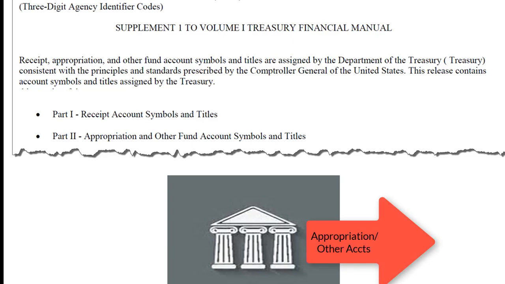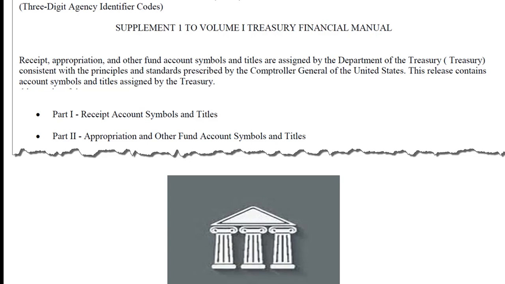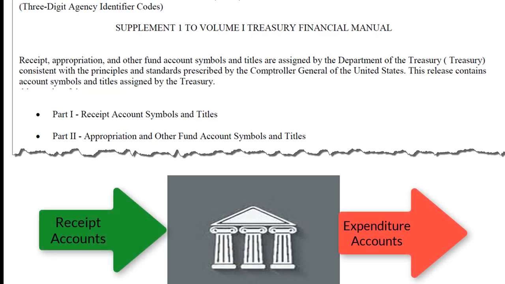Appropriation and other fund accounts are used to identify funds being paid out of the Treasury. To keep things simple, let's refer to these accounts as expenditure accounts. So, we have two major types of accounts: receipt accounts and expenditure accounts.